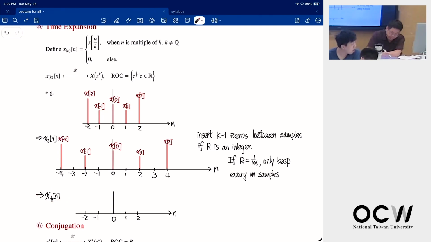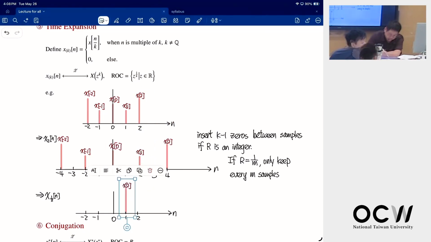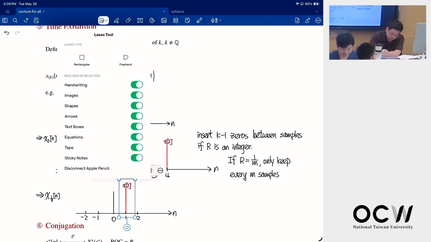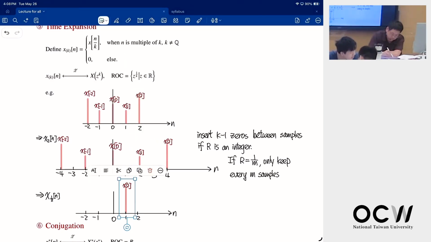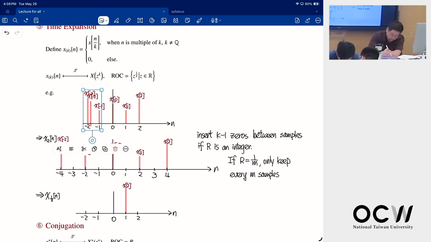We only have x2 and x minus 2, and we also have 0.